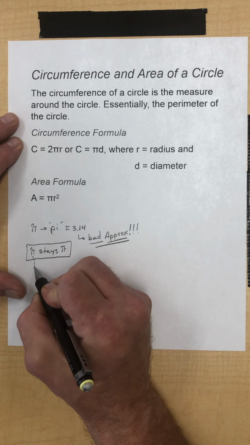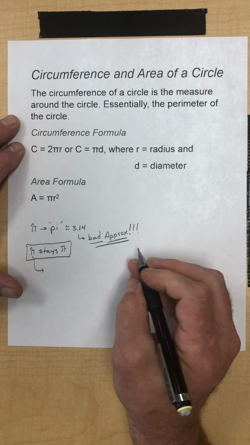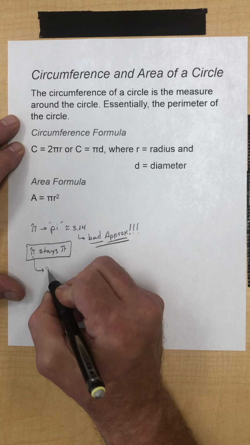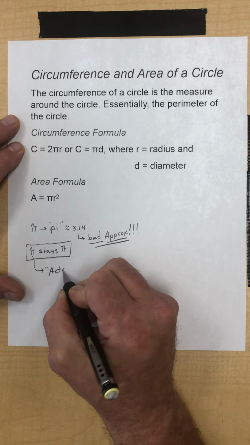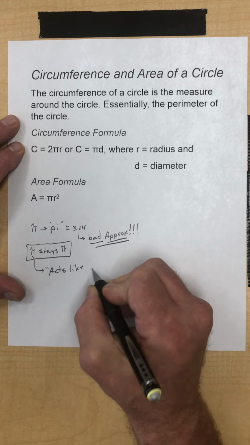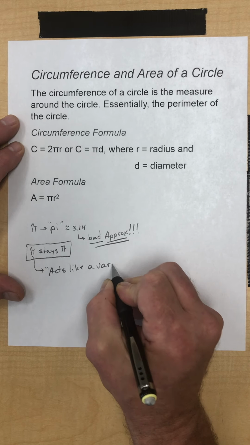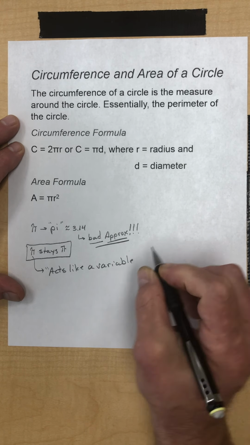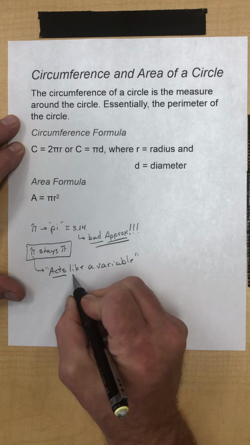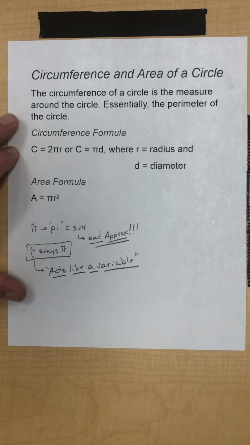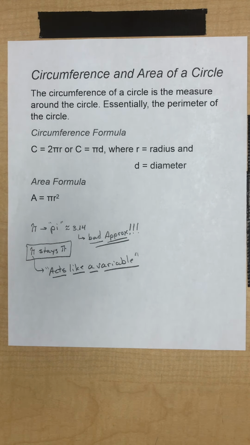Now, something that you may not have been taught in the past, but pi acts just like a variable, so we treat it like a variable when we're working with it. And I'll show you what I mean. It's really easy to work with.